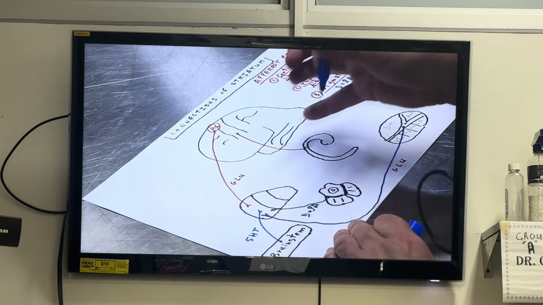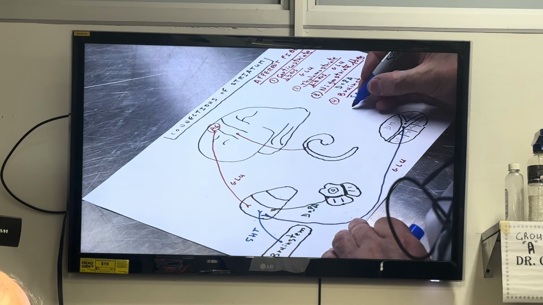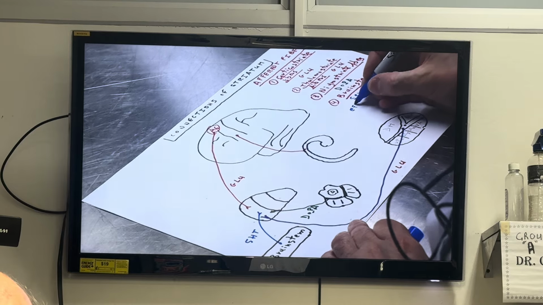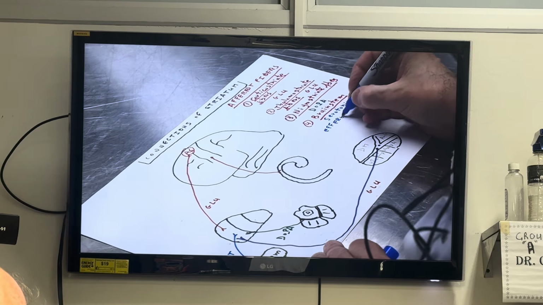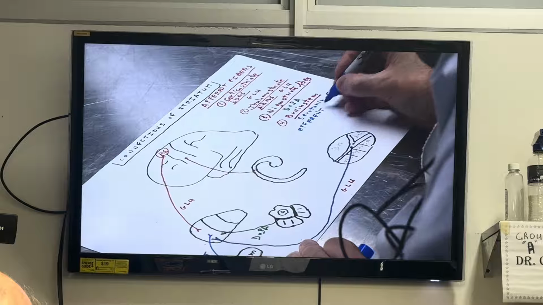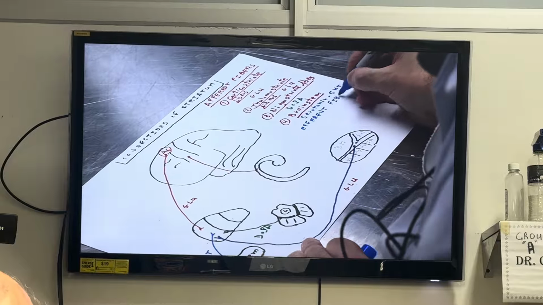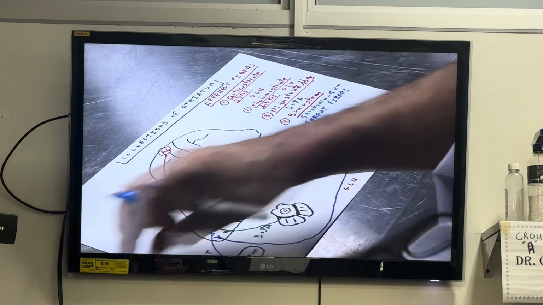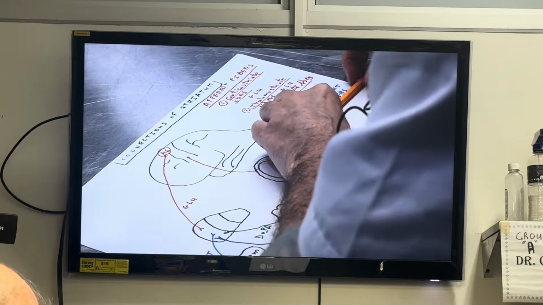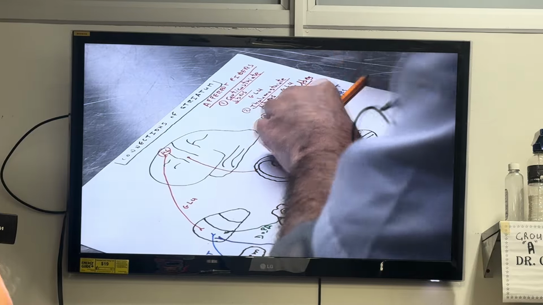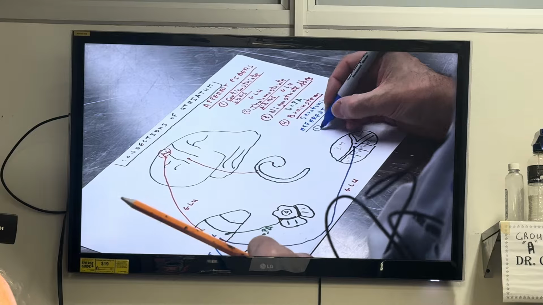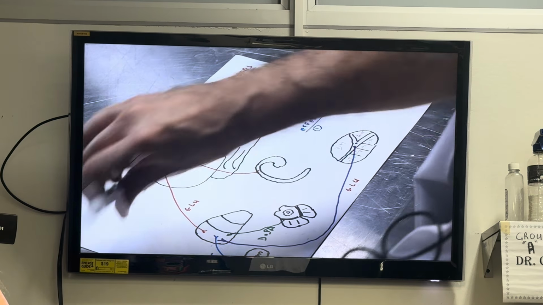So we're okay? Yeah? So now, efferent fibers. No, we did not reach it. So, efferent fibers, it will be what? Straight to pallidal.